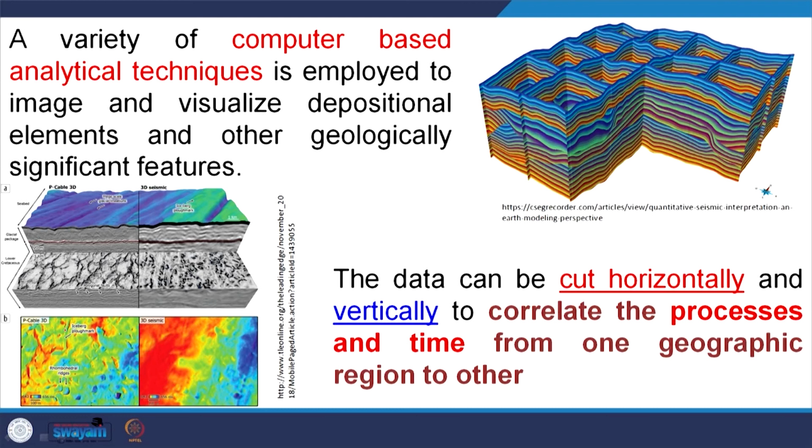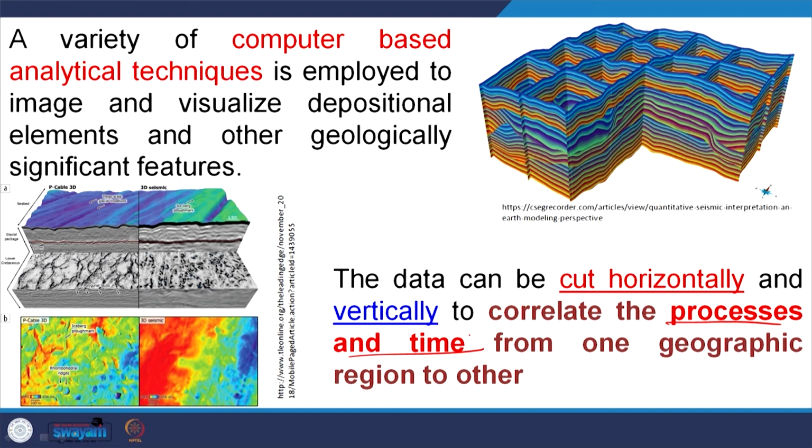A variety of computer based analytical techniques is employed to image and visualize depositional elements and other geologically significant features. The data can be cut horizontally and vertically, representing process and time, because horizontally that means the geomorphological processes side by side, and vertically that means geological processes with time.